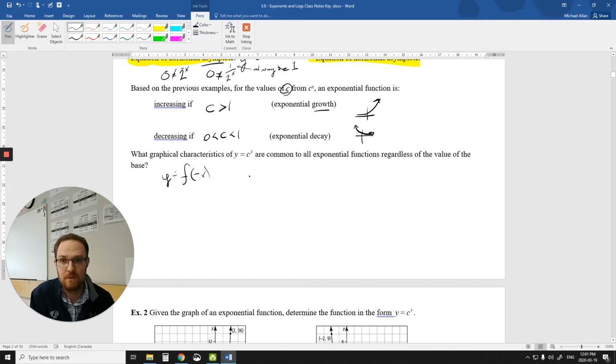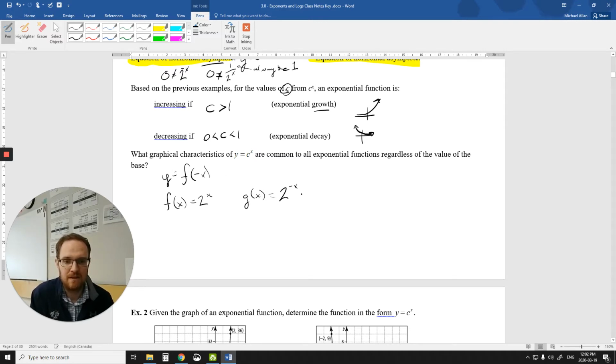So we can just quickly verify that this actually will give us the same result if, say, my f of x started off as 2 to the power of x. So my new graph, let's call this one g of x, is just going to be the same as this function, and we're going to put a negative x in there. So remember what we did before: if it's inside the function like that, we replace all the x values.